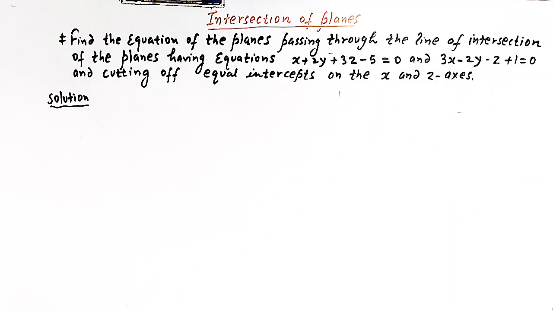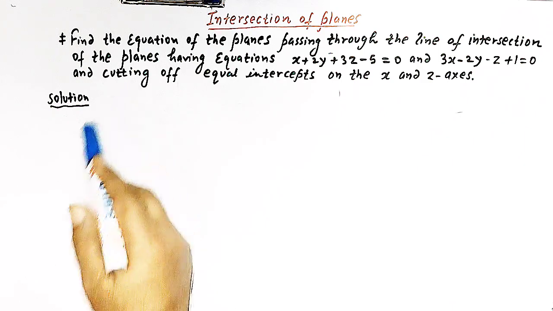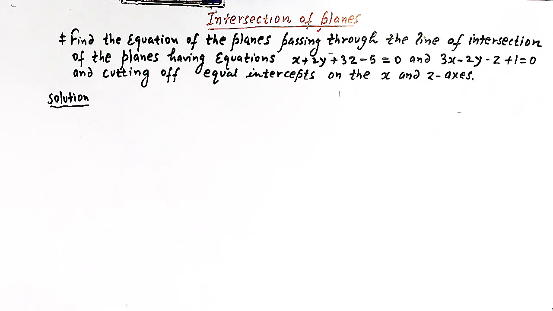Hello viewers, in today's session we are going to discuss another important conceptual problem from three-dimensional geometry, and here we are going to take up this problem from the topic that is intersection of planes.